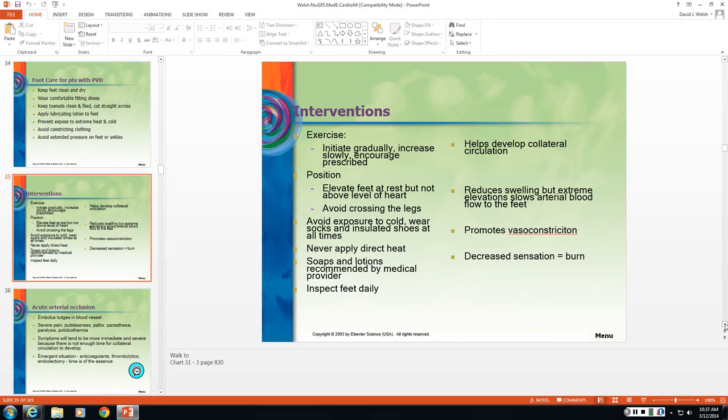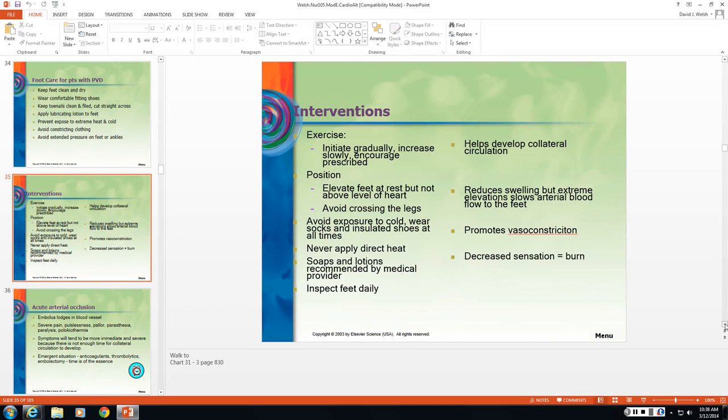Now you want them to avoid any kind of exposure to cold. You want them to wear socks and insulated shoes at all times. This is going to promote vasodilation.